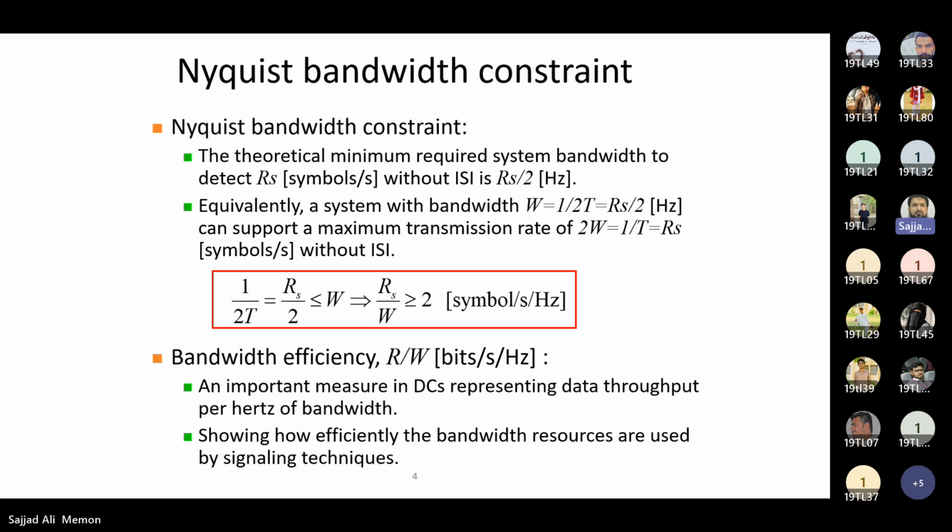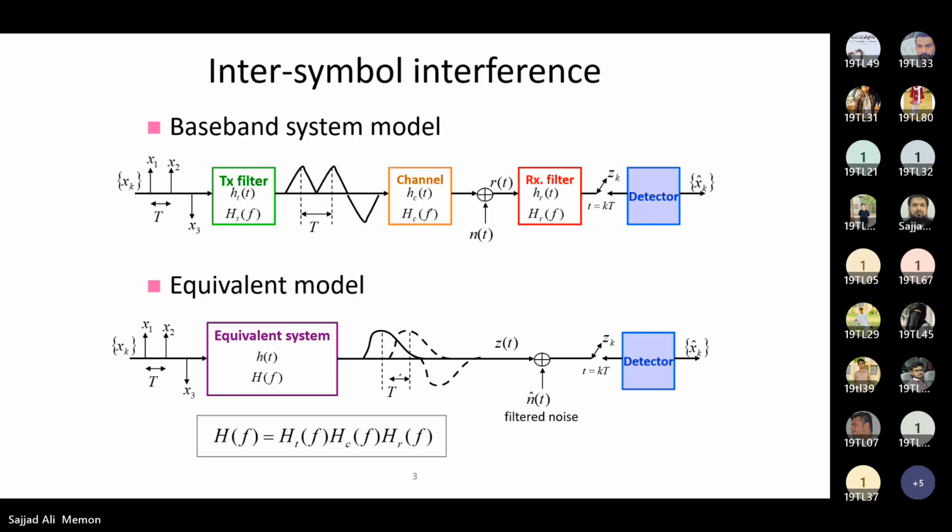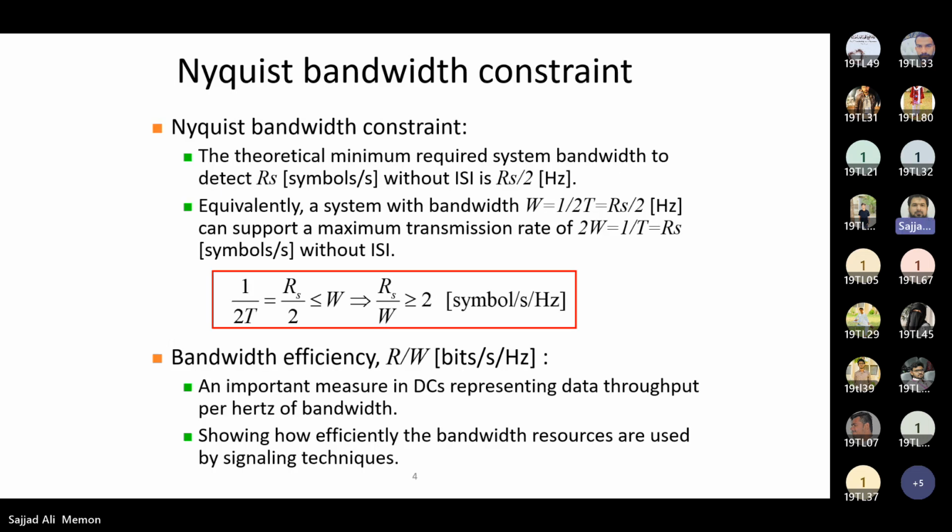So again, it's a constraint of bandwidth. See, if we have the bandwidth, then we can control the inter-symbol interference. How? Let's see. The theoretical minimum required system bandwidth to detect Rs symbols per second without inter-symbol interference is Rs by 2 hertz.